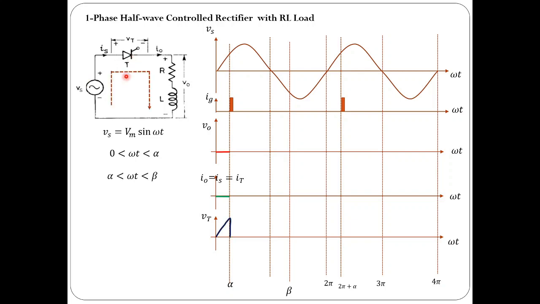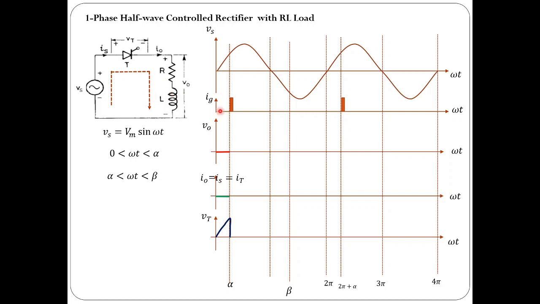And during this period, alpha to beta, in case of resistive load alone, the load would conduct from alpha to pi, but we are adding an inductor here. By adding the inductor, the conduction angle would extend beyond pi. Let me say that is equal to beta.